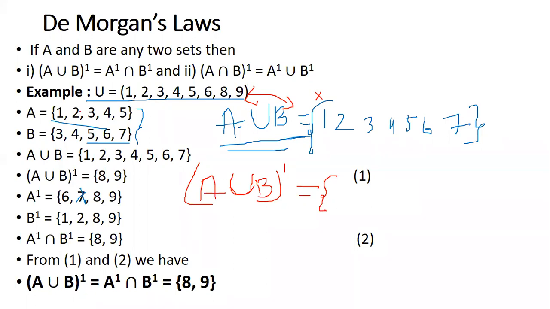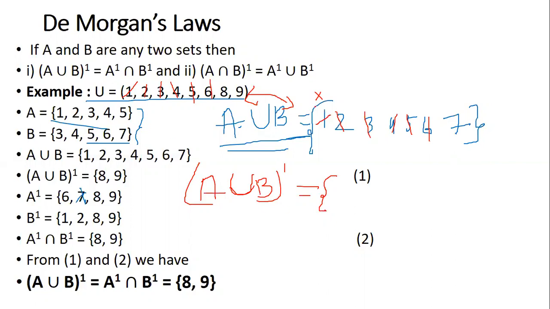So let us see what is all there. 1 is common. 2 is also common. 3 is common. 4 is common. 5 is also common. It's present in both the sets. 6 is also common. Okay, but I understand you might be confused that 7 is there, but why I'm not taking it.